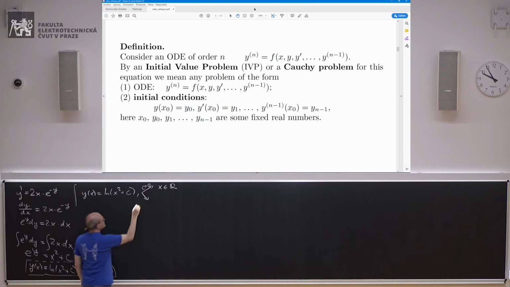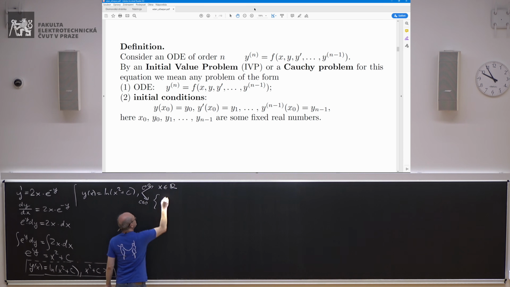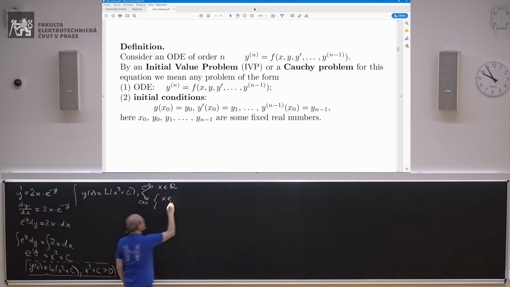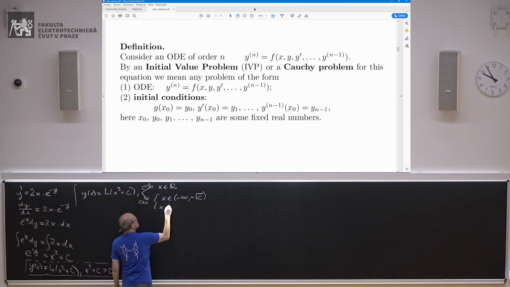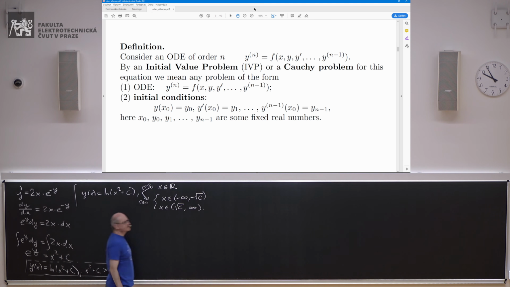On the other hand, if c is less than or equal to 0, then there are two possibilities. Because we need x squared, and if c is negative, it looks like x squared minus some number is positive. So when you think about it, one possibility is the interval negative infinity, negative square root of c. And the other possibility is square root of c, infinity. These are two possible intervals when c is non-positive.